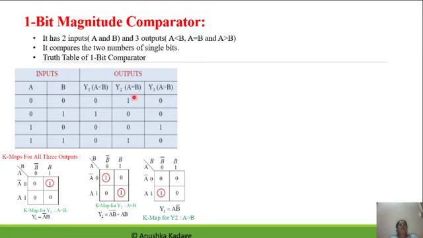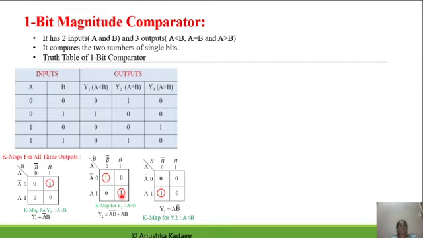Similarly, we will now write a K-map of two variables A and B for this y2 output. Let's check. When A and B are both 0, the output is 1. Similarly, when both A and B are 1, the output is 1.